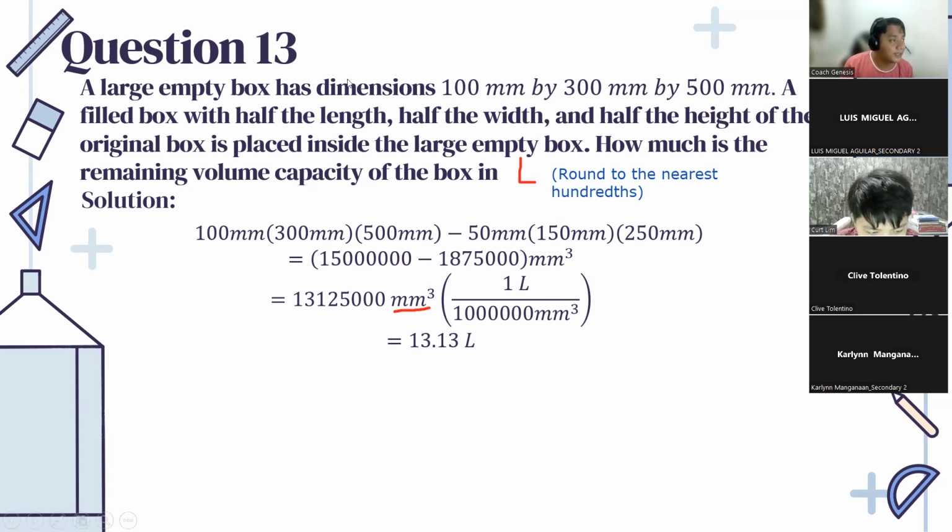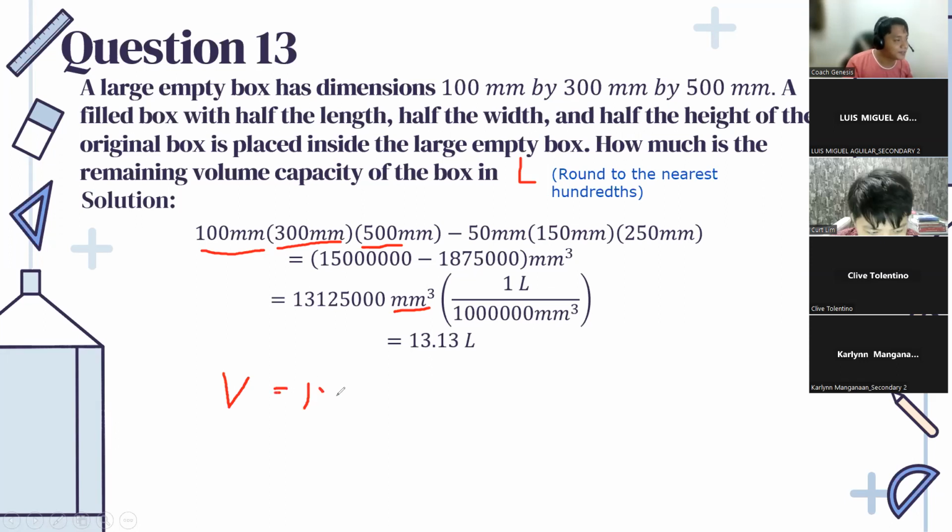Or what you can do is something like this. You have a volume of 100, 300, and 500. So that will be 15 liters, right?